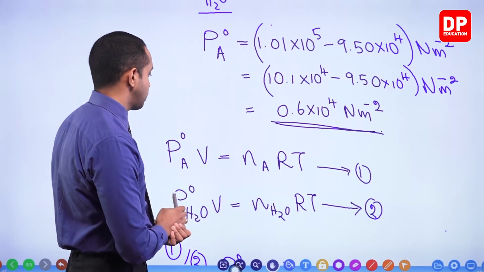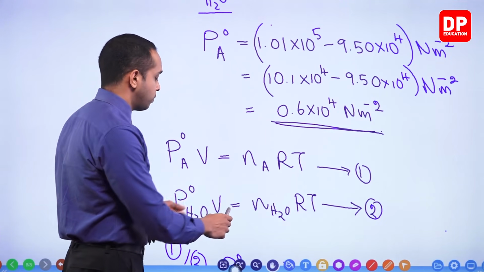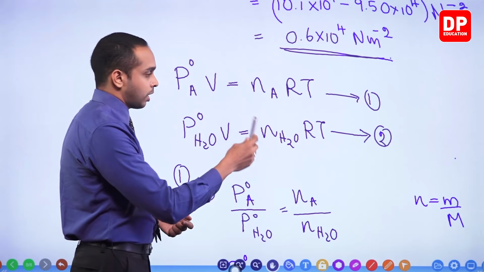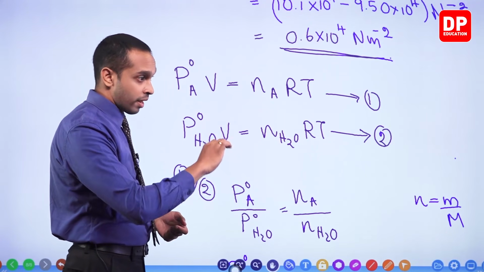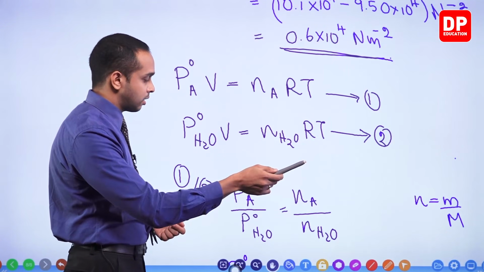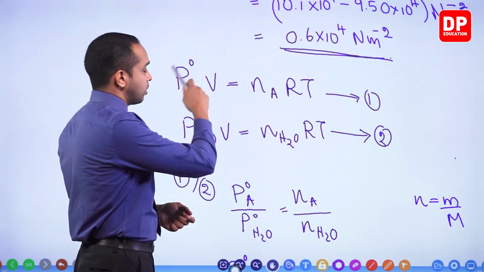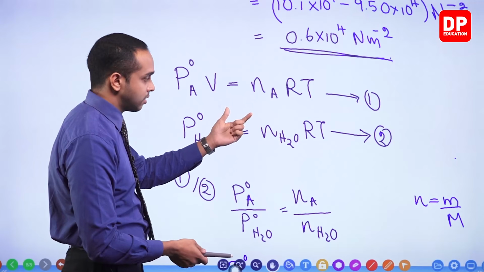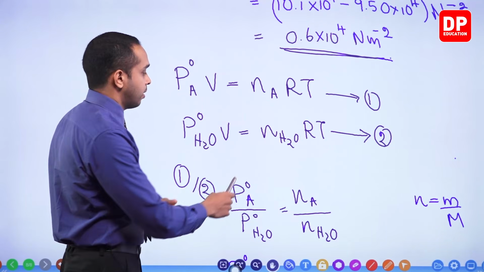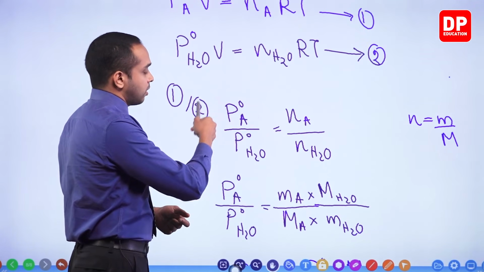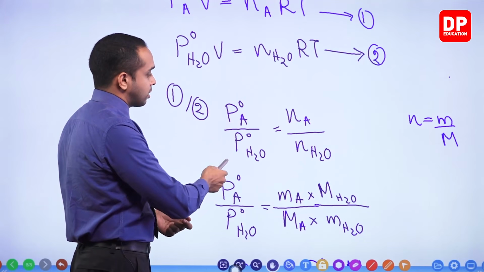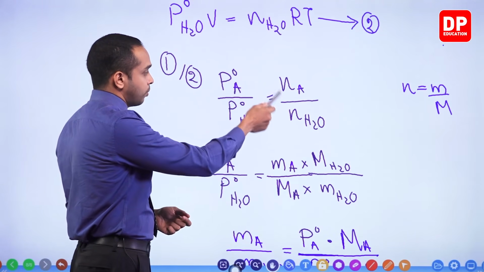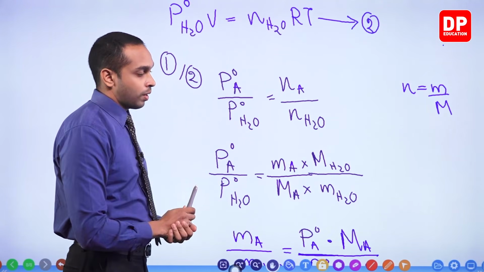And afterwards, students, we got to the mass of naphthalene to mass of water ratio in the final distillate. To obtain that, we took a look at PV equals nRT equations for each individual gas present in this vapor. Then through dividing these two equations, we got to the molar ratio in the vapor.